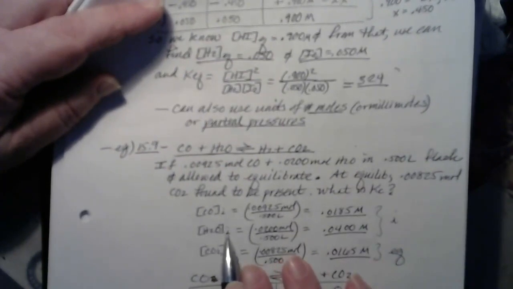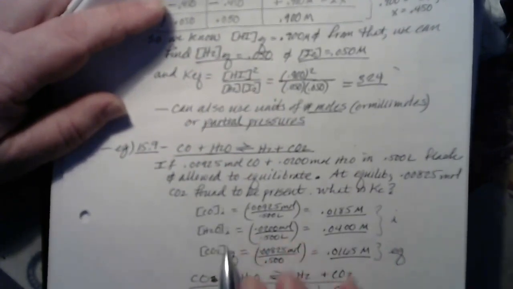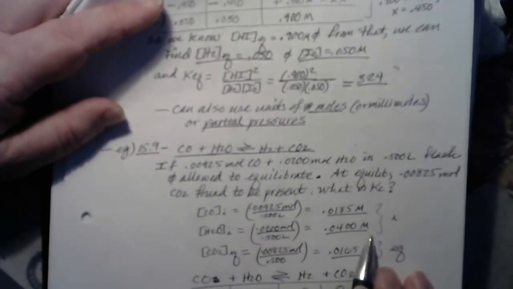And the H2O initial concentration, and I like to put the little I after the brackets just to remind myself that these are initial concentrations, not equilibrium, will be 0.04 molar. And then they gave us the CO2 concentration at equilibrium, so I put the little EQ after the brackets, and that turns out to be 0.0165 molar.